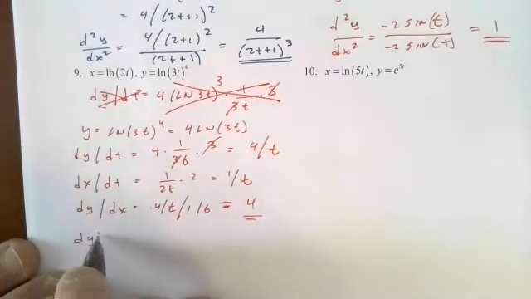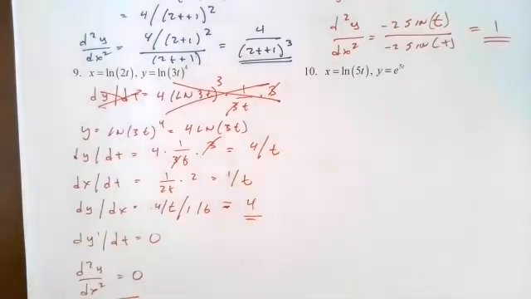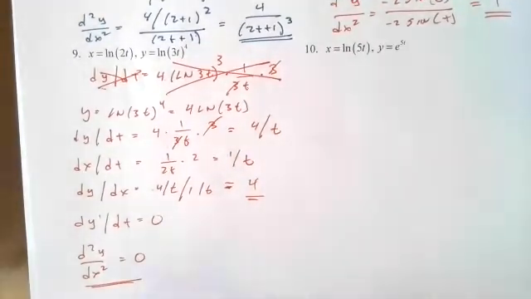Since d/dt of dy/dx is 0, d squared y over dx squared is 0. Boy, that's going to bother me for a long time.